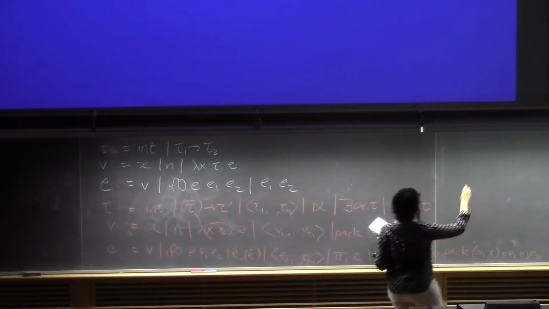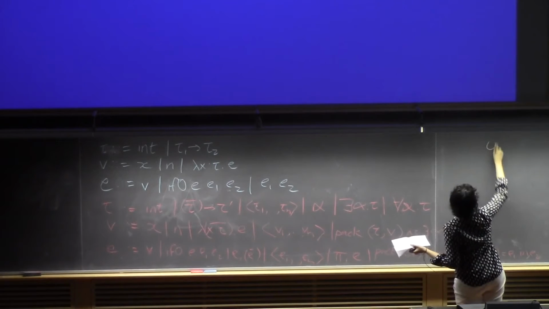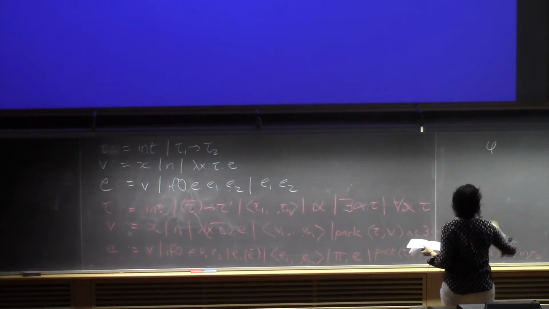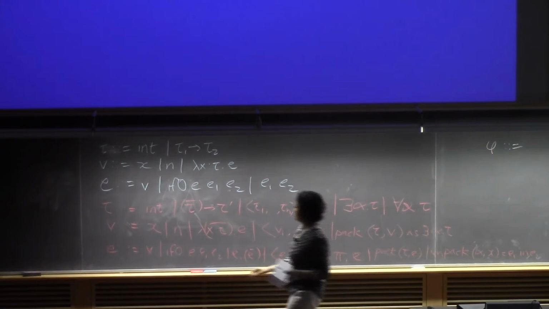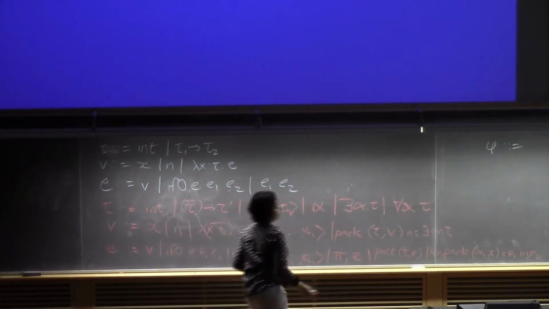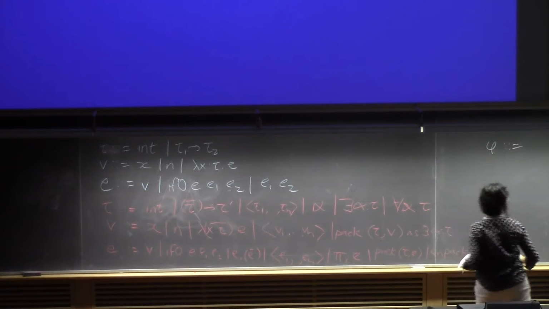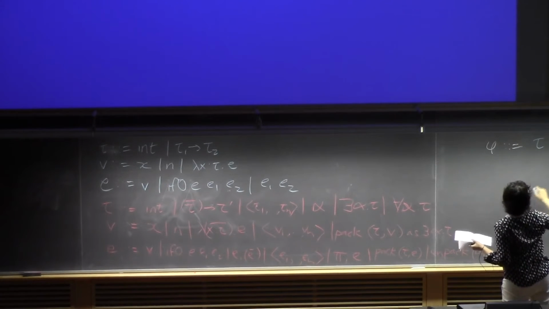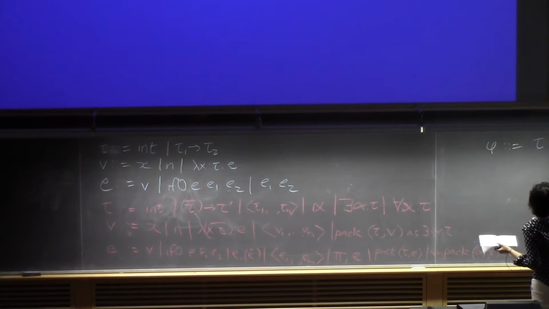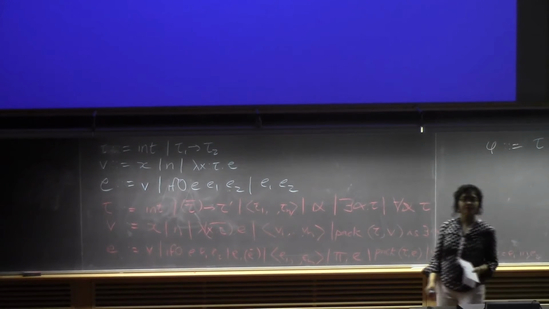Okay, so terms in my multi-language, I'll use phi for types in the multi-language. The grammar of types in the multi-language is really pretty simple. A multi-language type can either be a blue type or a red type. Okay?